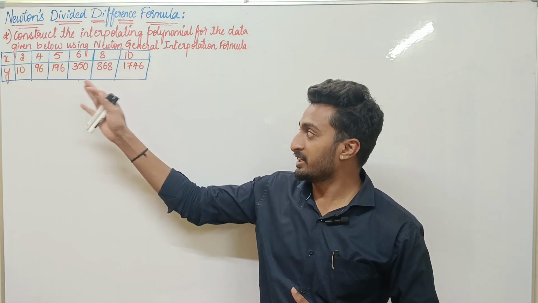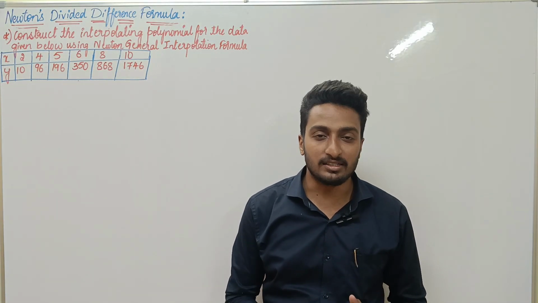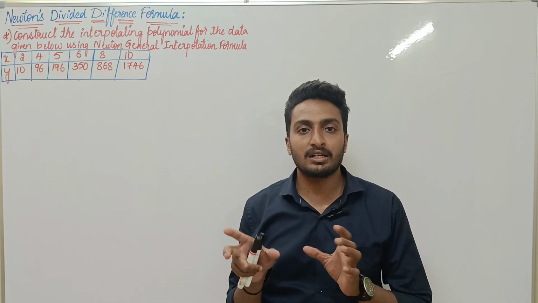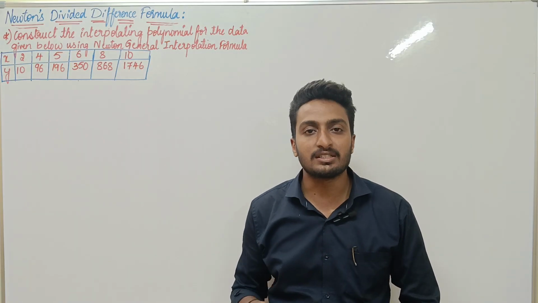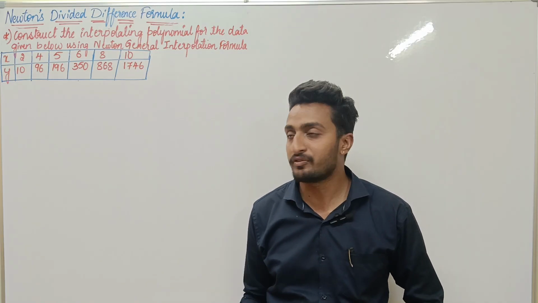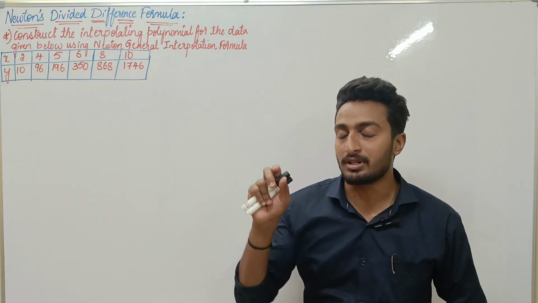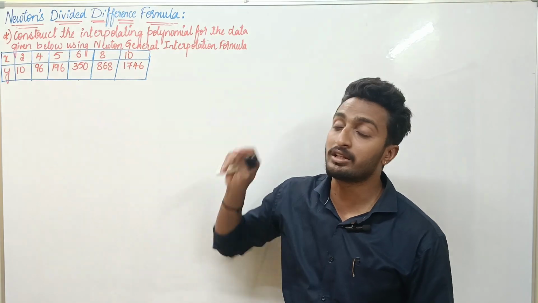Next, considering this unequal interval, we are going to represent the first divided difference, second divided difference, and third divided difference. Considering those values, I am going to represent the formula for Newton's divided difference, and then we are going to represent the solution. Before that, we are supposed to understand the concept. First, I need to construct the interpolating polynomial.